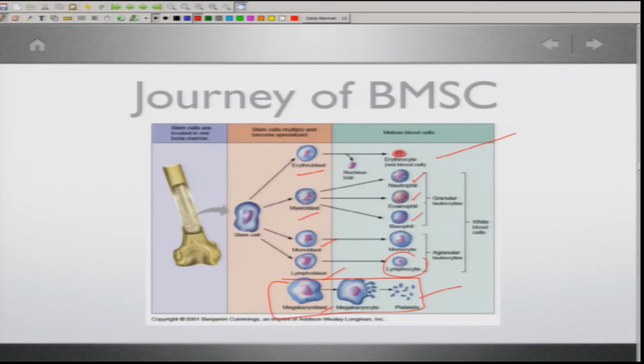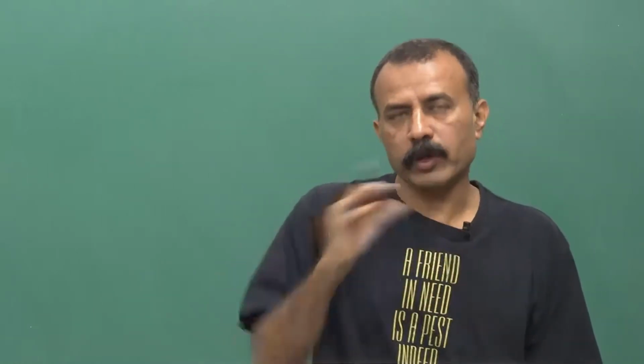What is important here is that there is a ratio which is being maintained between these BMSCs dividing into erythrocytes, white blood cells and platelets, and if this ratio shifts, then there are issues. If this ratio shifts in any direction, there will be issues. As a matter of fact, blood cancer is a situation when this ratio gets murkier.